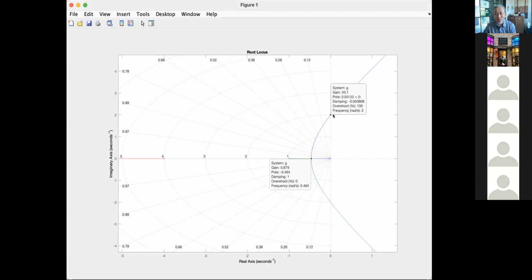Yeah, 2j. The gain is 20.1. Jot down, later we want to validate with calculation. So the break-in point is minus 0.464 and the gain is 0.879.